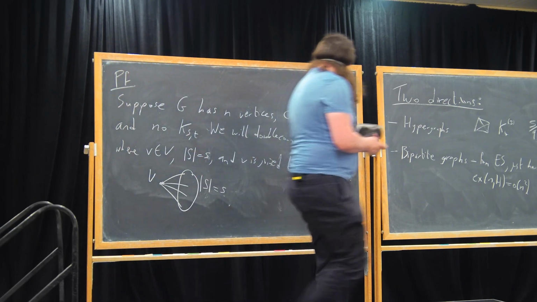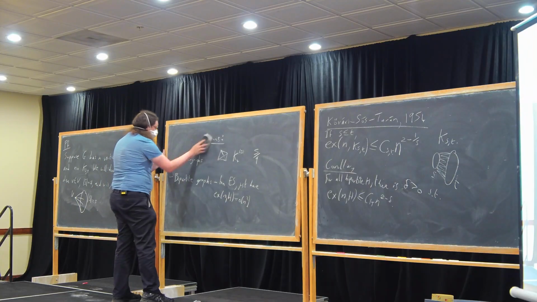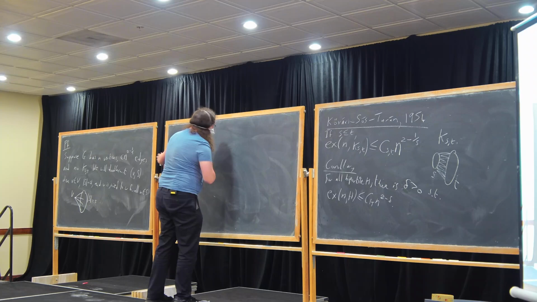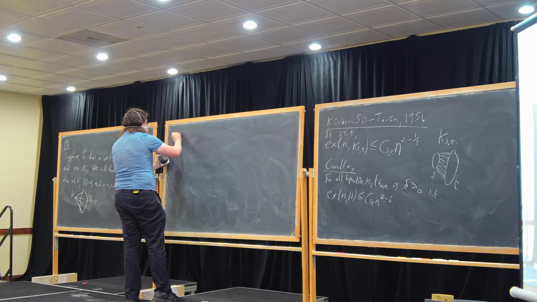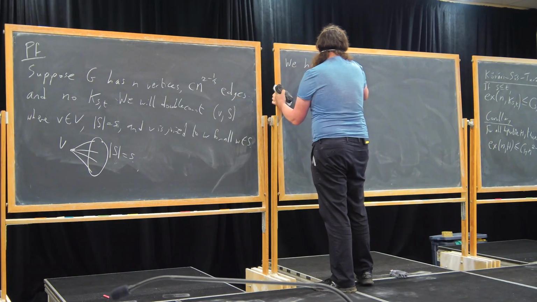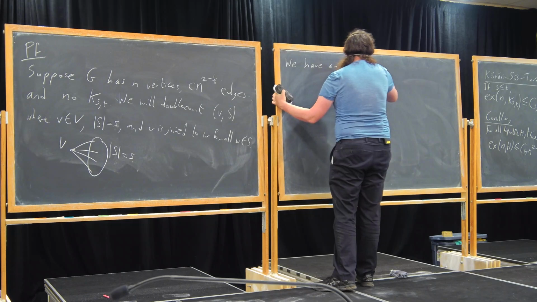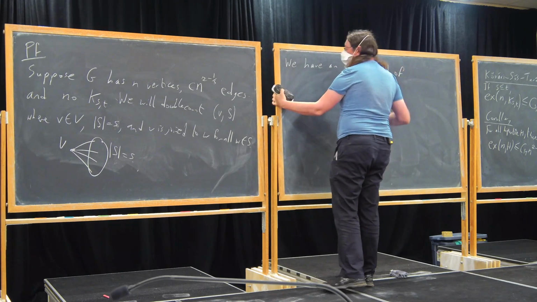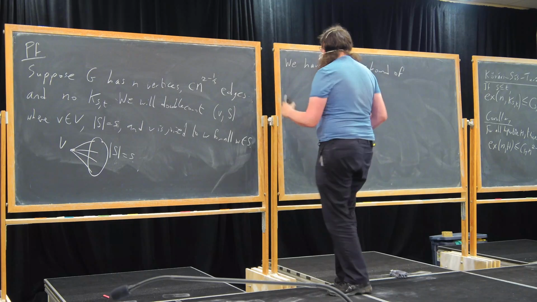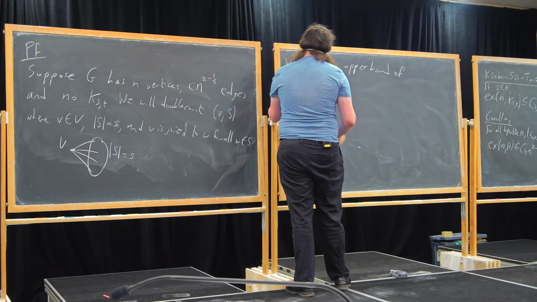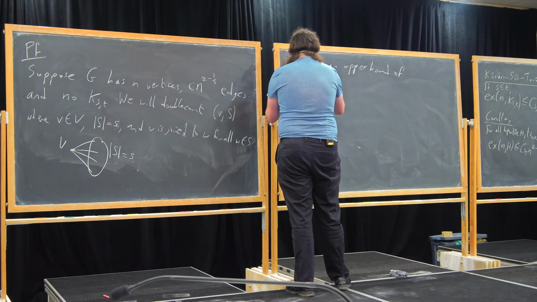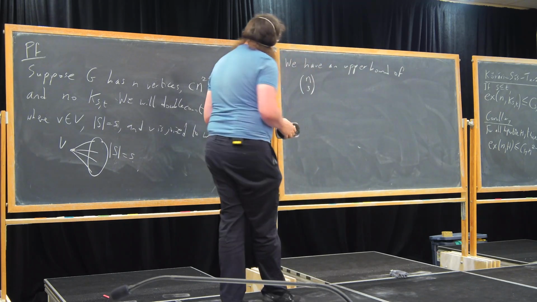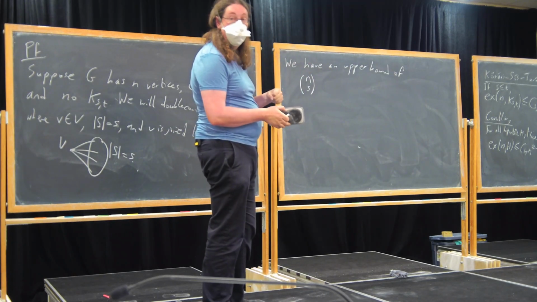In fact, that gives us one of the bounds. We have an upper bound for the number of these tuples. The number of ways to choose S is just n choose s, so n things, and we're choosing s things out of them.